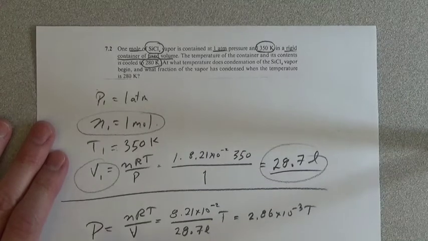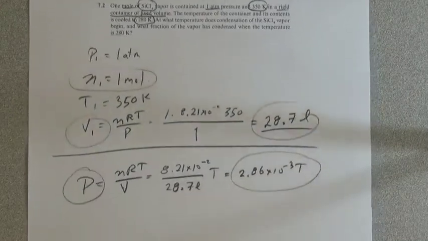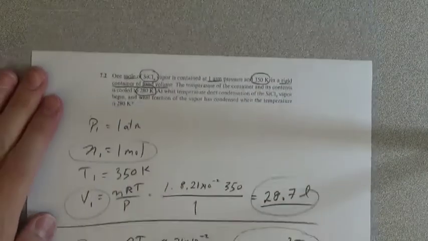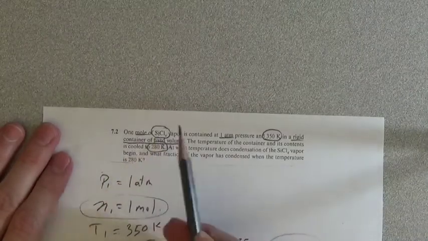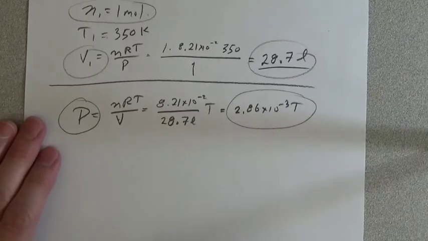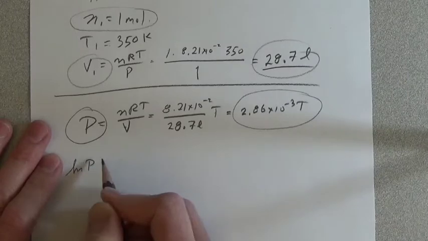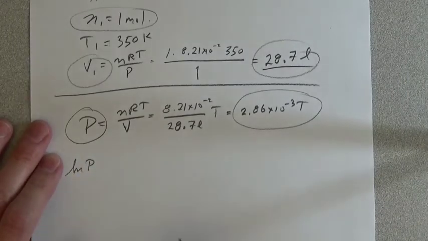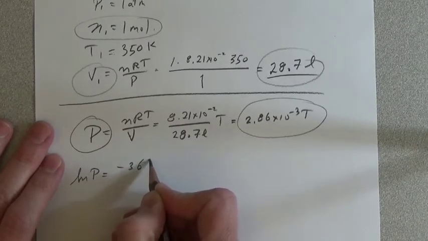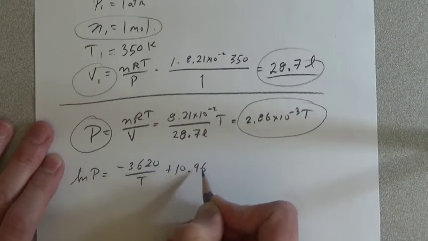So now we've got the pressure as a function of temperature, but then we also have the equilibrium relationship between pressure and temperature for SiCl4. Going to the table in the appendix of your book, we have that the natural log of the pressure is equal to minus 3,620 over T plus 10.96.